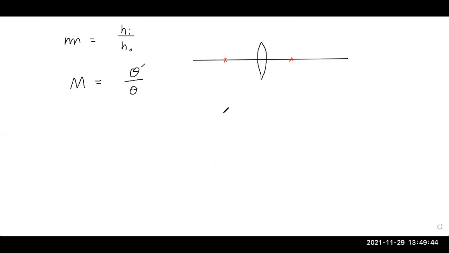And an object which is close to the focal point. Light from it comes in parallel, goes through the focal point, and if it just goes straight through the middle, those lines are almost parallel. So it looks like it's very, very far away.